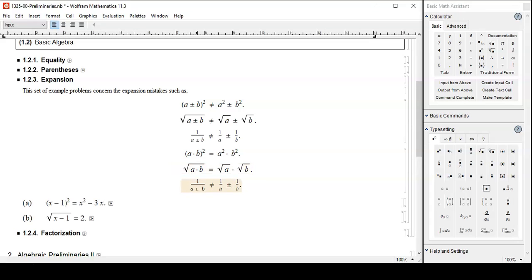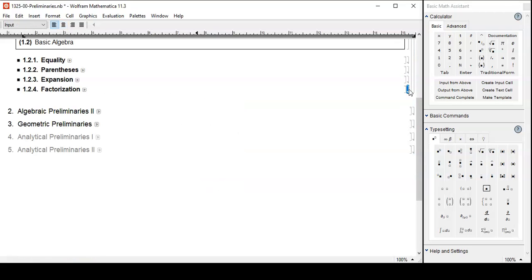If this had been multiplication, then this is right. So these work for multiplications, do not work for addition. So these kind of things, they do not work for additions. They do work for multiplications though.